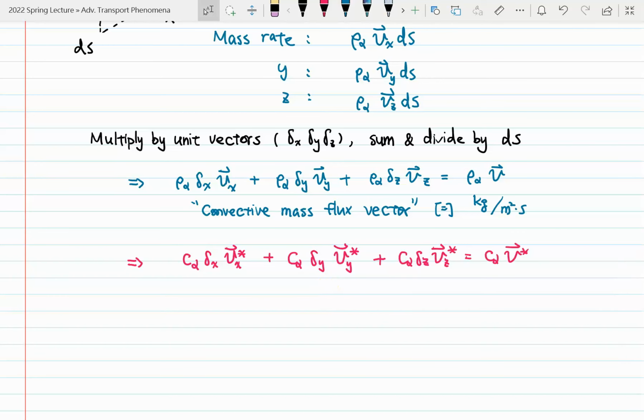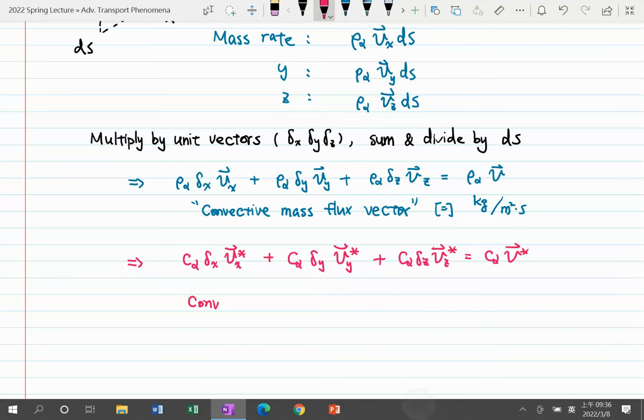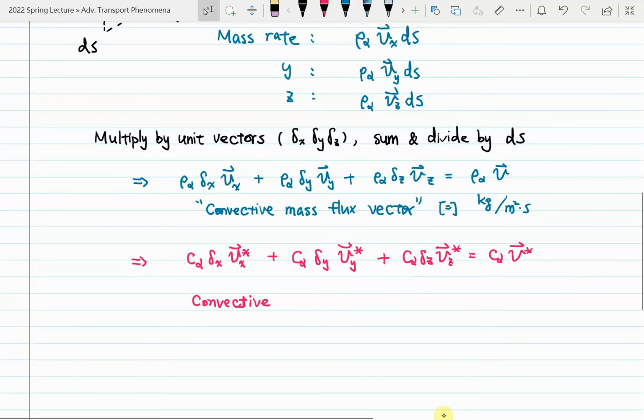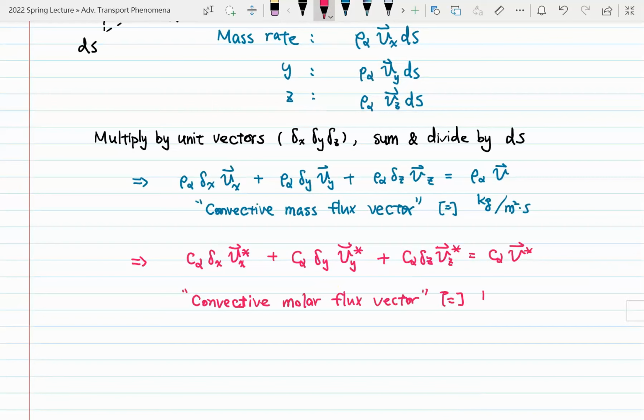Okay, so this would be our convective molar flux vector. And it has a unit of mole per meter square per second.